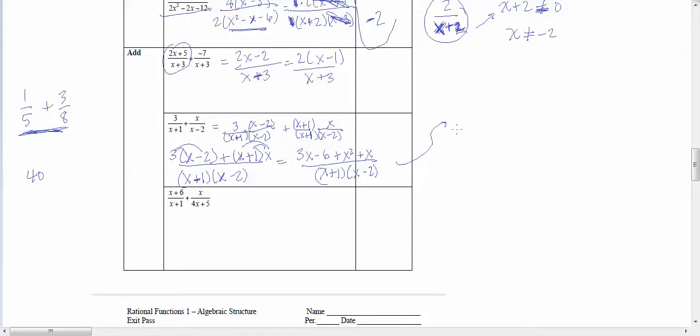Okay, keep going. I can combine like terms, so I've got x squared plus 4x minus 6 divided by x plus 1 and x minus 2.